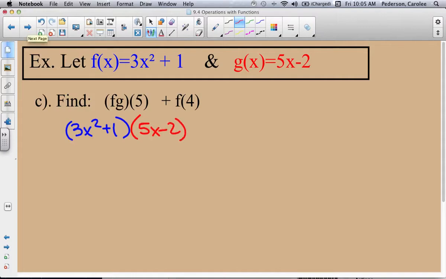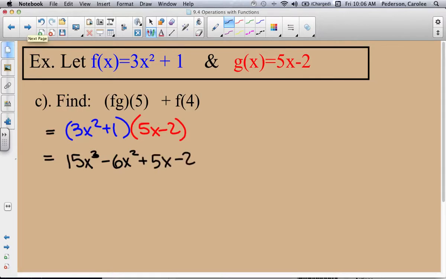So I'm going to FOIL those first. So 3x squared times 5x is 15x cubed, 3x squared times negative 2 is negative 6x squared. Now we go to inside. Plus 5x, and then minus 2.